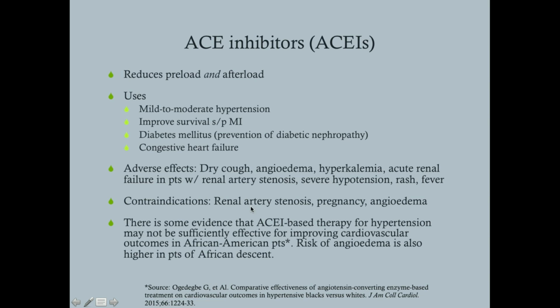Contraindications, as we already talked about, renal artery stenosis, pregnancy. Absolutely no ACE inhibitors in pregnancy. Why? Because it reduces the amount of amniotic fluid, oligohydramnios. It interferes with the development of the kidney in the neonate, and also has the effect of interfering with bradykinin. And bradykinin is responsible for closure of the ductus arteriosus.